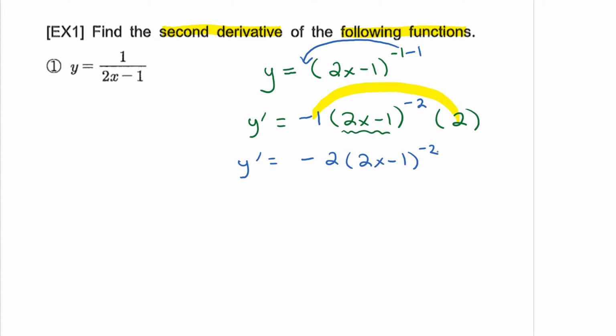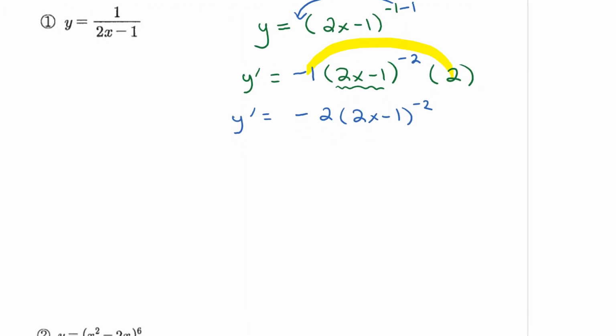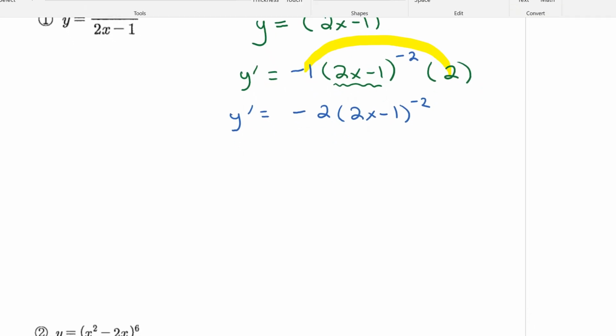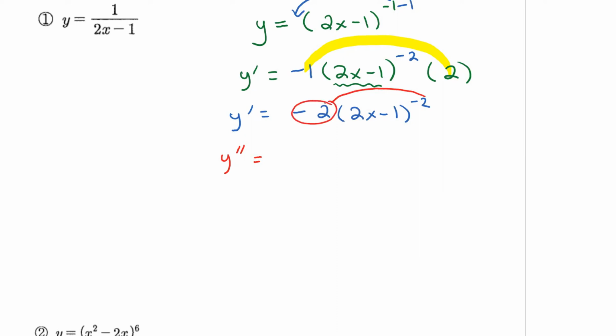Now that we've taken that first derivative, we can find the second derivative by writing y double prime. For the second derivative, this 2 would come to the front and multiply with the negative 2. So negative 2 times negative 2 is going to be 4, bracket 2x minus 1, close the bracket, and then you subtract 1 on the power, giving you negative 3.